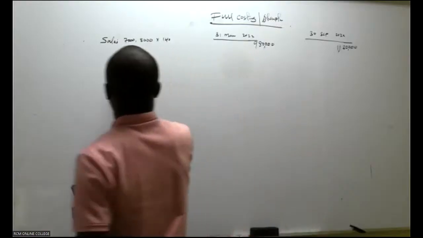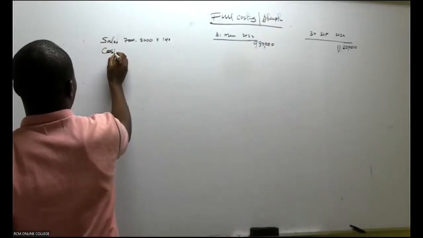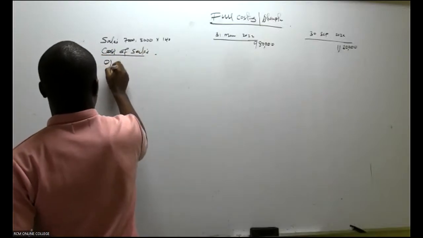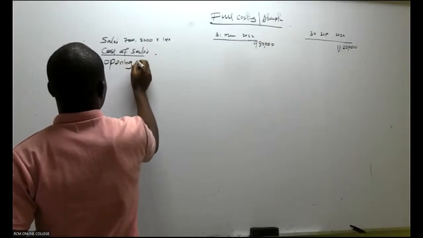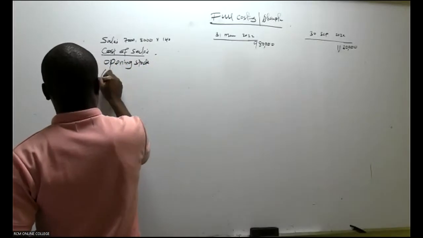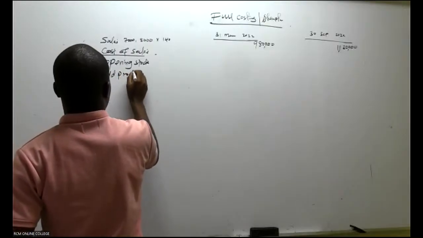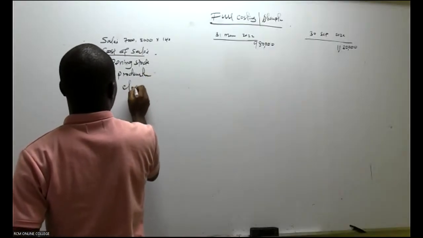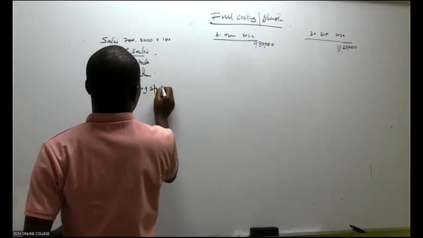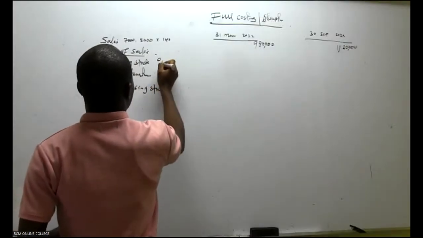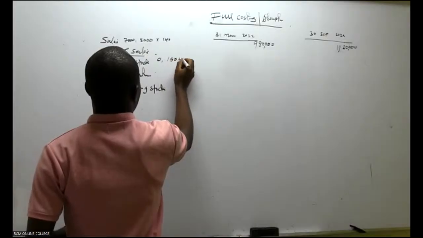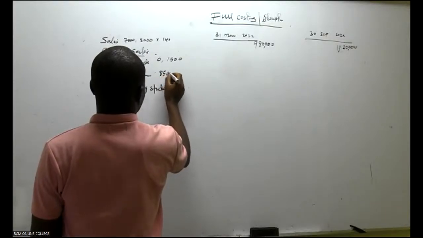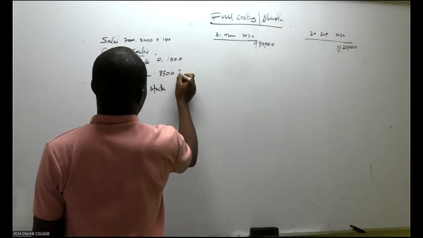Then we come now to cost of sales. For the cost of sales, we have opening, we need to add production, and we need to less closing stock. Opening for the first one was 0. This one here was 1,500. Production, we add 8,500 and then 7,000.